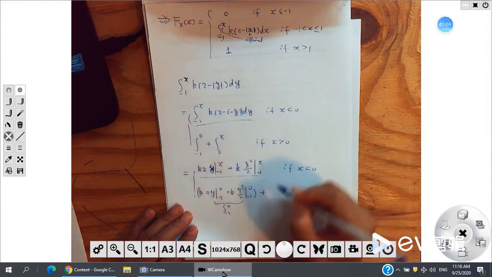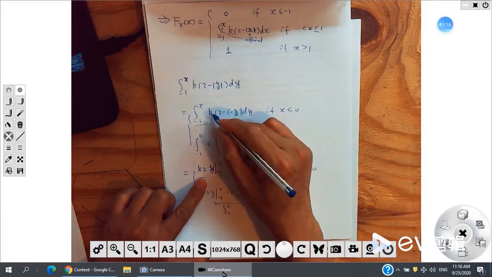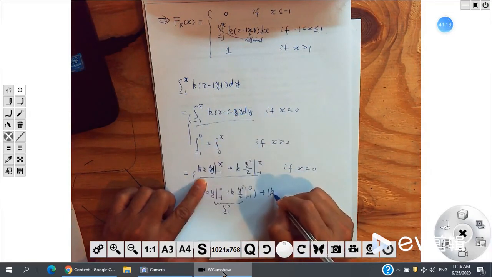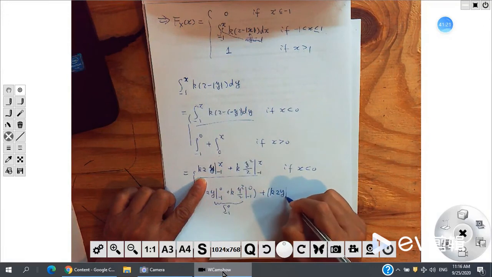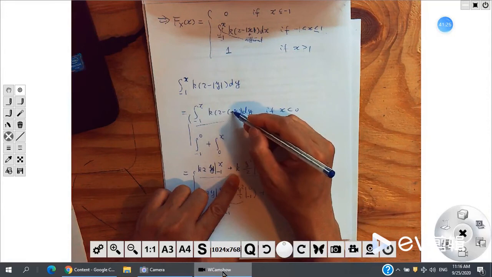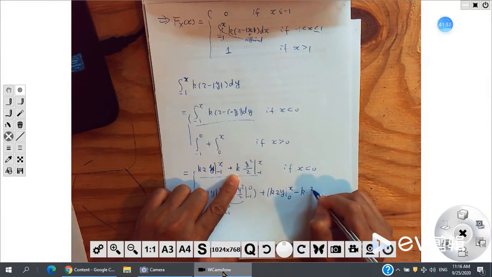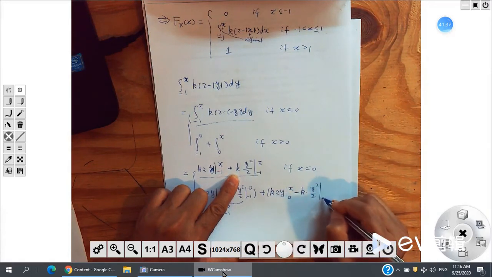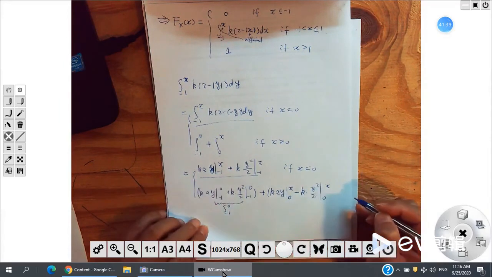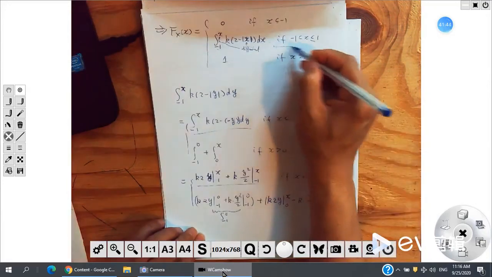So I can write it directly here. It will be k times 2 times y from 0 to x. This part is good. But because here there is a plus, here it will be minus: minus k times y squared over 2, from 0 to x. Okay, so this one is for x larger than 0. Now both cases are done.